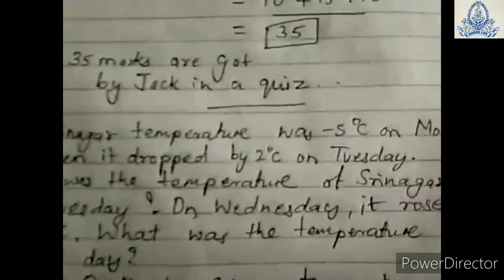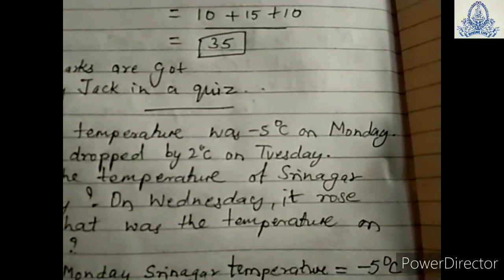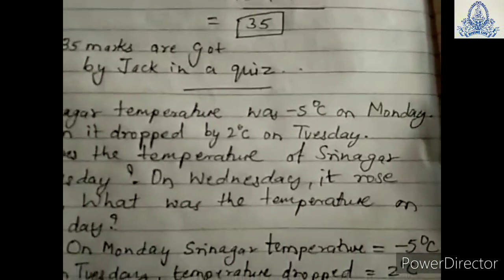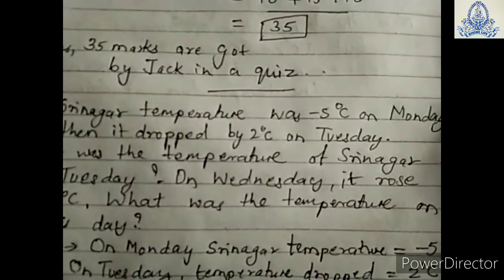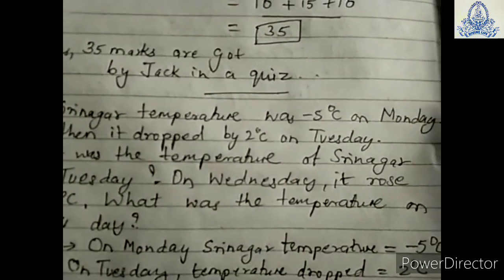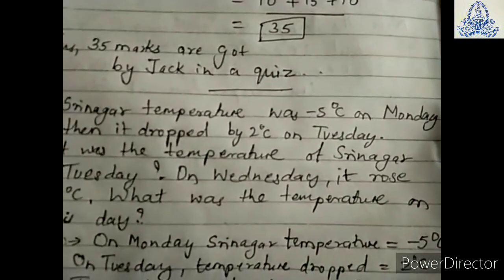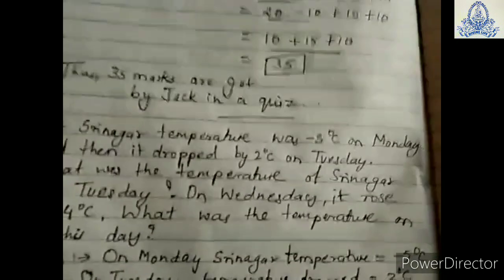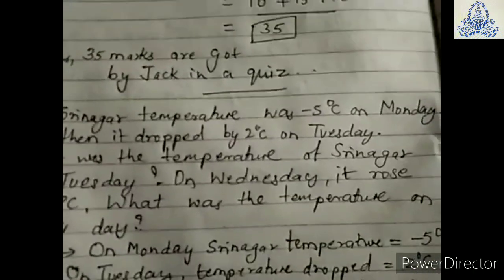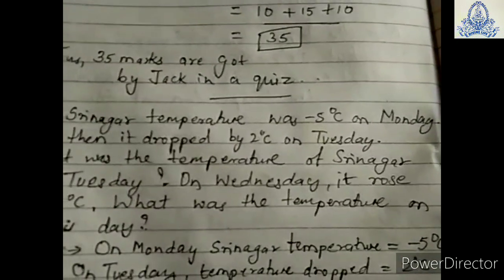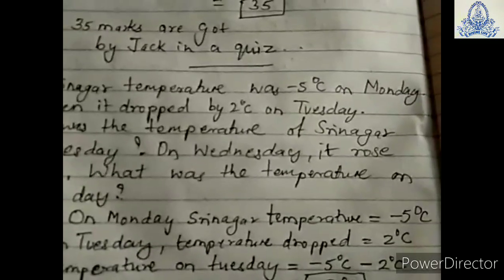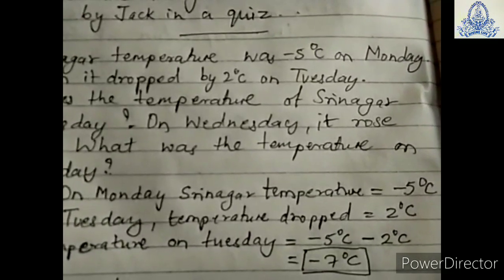So on Monday Srinagar has a temperature of minus 5 degrees Celsius, and on Tuesday the temperature dropped by 2 degrees Celsius. So minus 5 minus 2, we get minus 7 degrees Celsius.